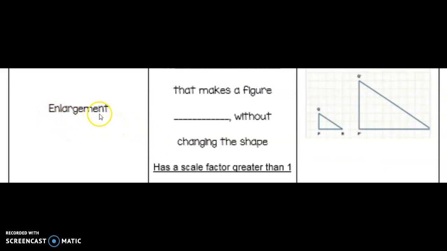We're going to look first at an enlargement. An enlargement makes a figure bigger without changing the shape. If it is an enlargement, it has a scale factor greater than 1. So looking here, we have dimensions or side lengths of 2 and 6, 3, and then they didn't tell us what this dimension here is, but we can find it.